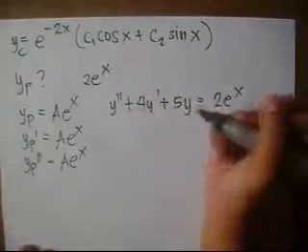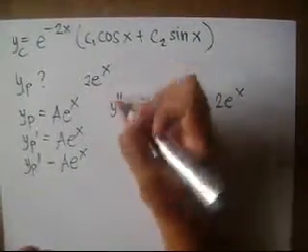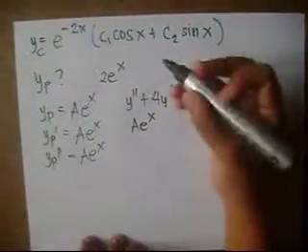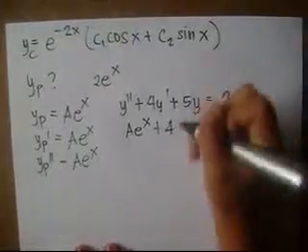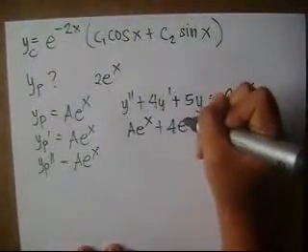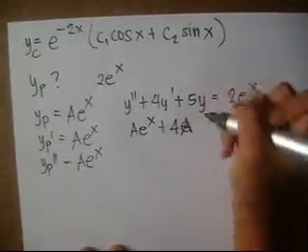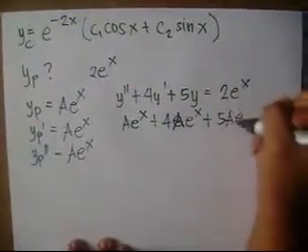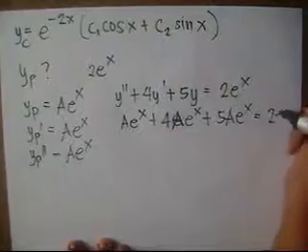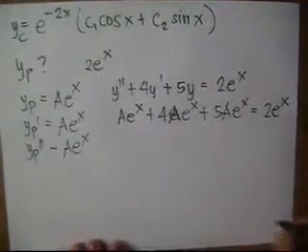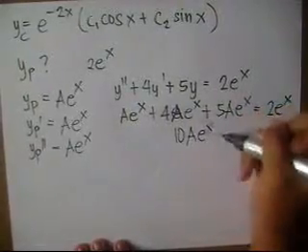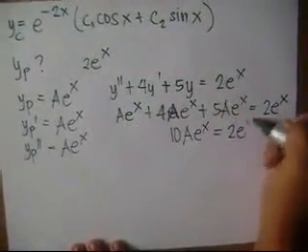Now, substituting the values, a e^x + 4a e^x + 5a e^x equals, summation, 10a e^x equals 2e^x.